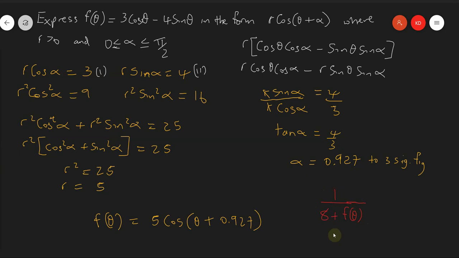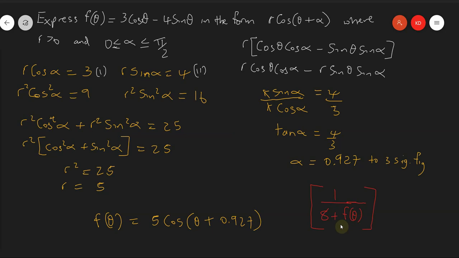Okay, and what we need to note is that the minimum value of this fraction here would occur when f of theta is at its maximum. Reason being, the larger the denominator of a fraction is, the smaller the fraction, so we would want the largest possible value of f of theta in order to get the largest possible denominator, so that we can have the smallest possible fraction.